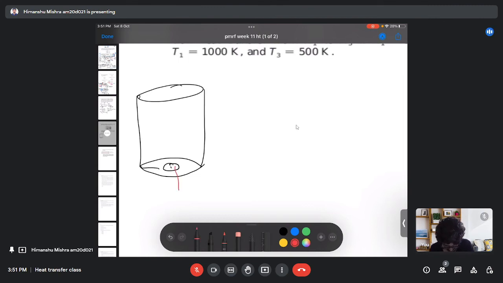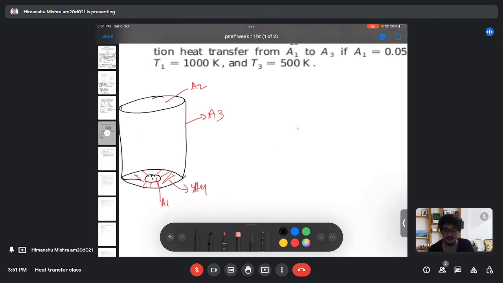So let's say this is my surface A1, this is surface A2, this is surface A3, and the remaining surface is A4. So these are the areas of the respective surfaces. First we need to find the view factor F13, which is obviously required to find the heat transfer from surface 1 to 3.